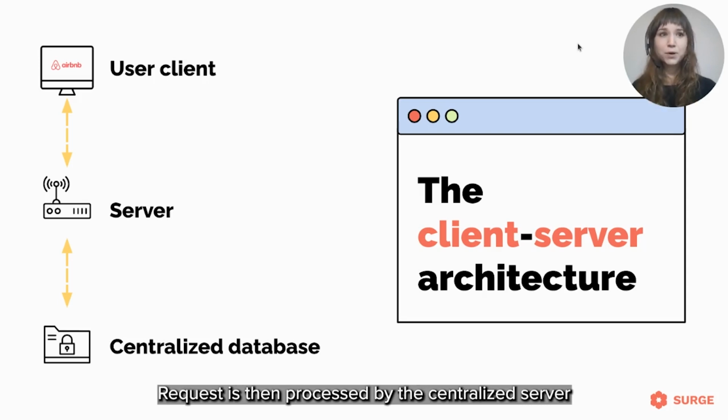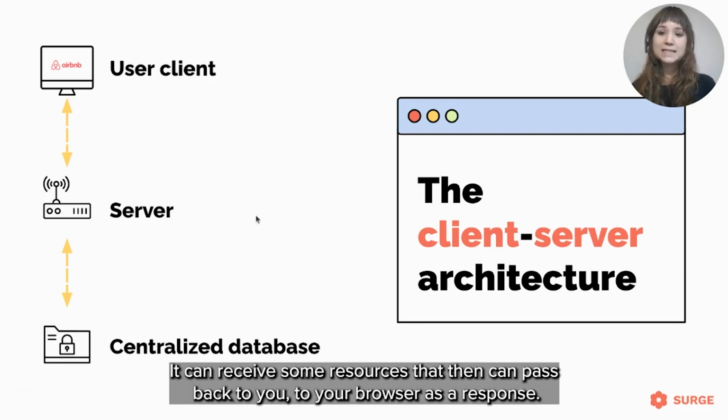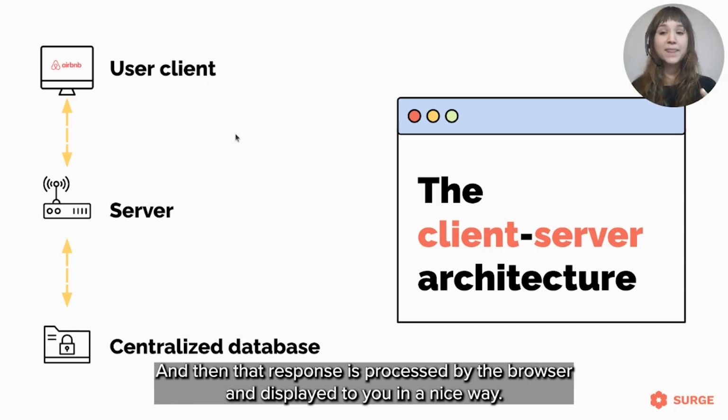The request is then processed by the centralized server through talking to other programs or a storage. It can receive some resources that it can then pass back to you, to your browser, as a response. And then that response is processed by the browser and displayed to you in a nice way.